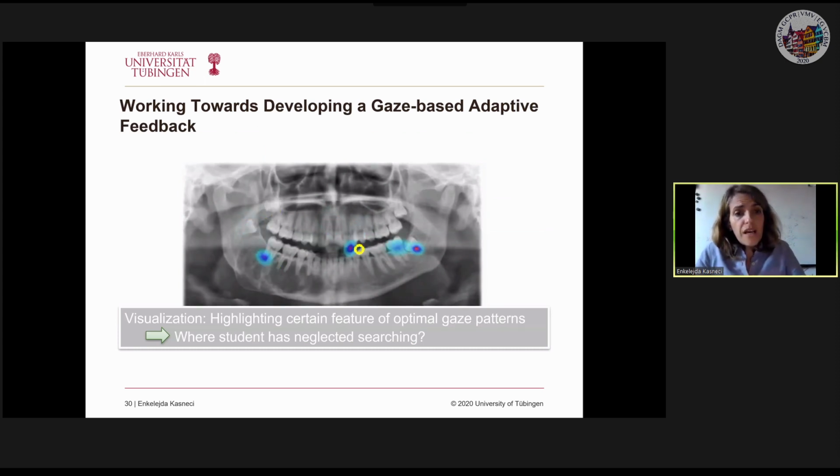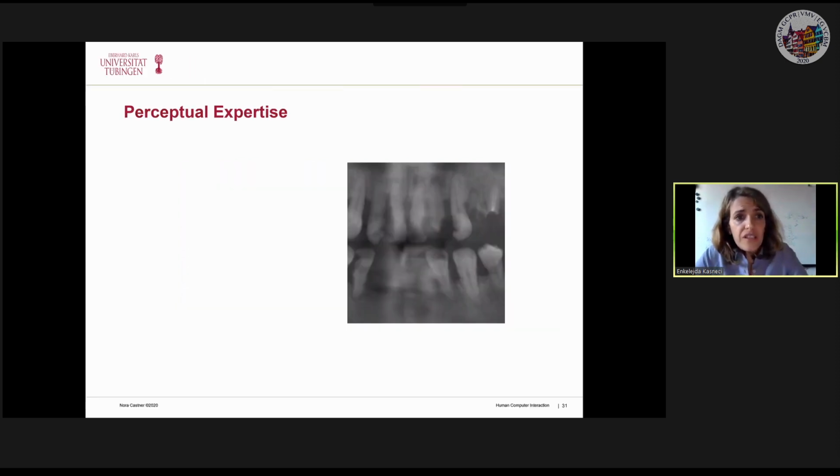What we'd like to do, in the work that we're currently on, is working towards developing a gaze-based adaptive feedback. So we would like to highlight certain features of the optimal gaze patterns, for example, those areas that the student has neglected searching. So the question is, how can you build a perceptual expertise?